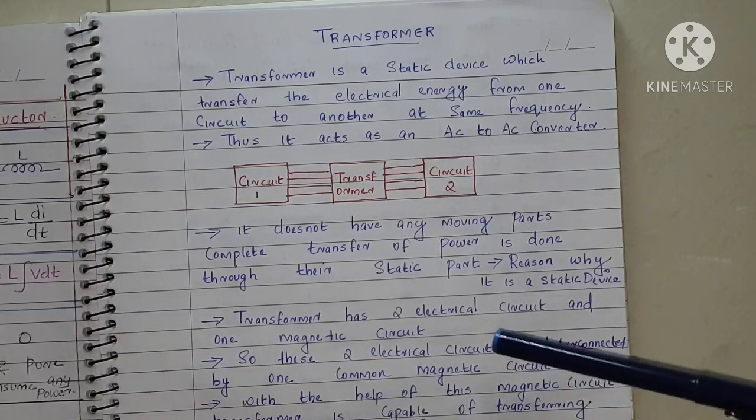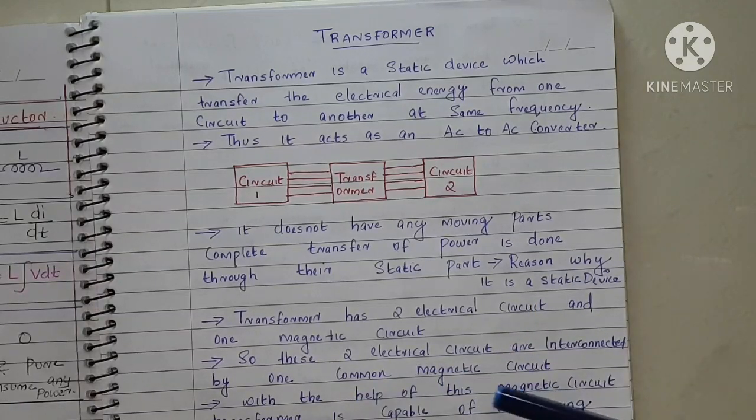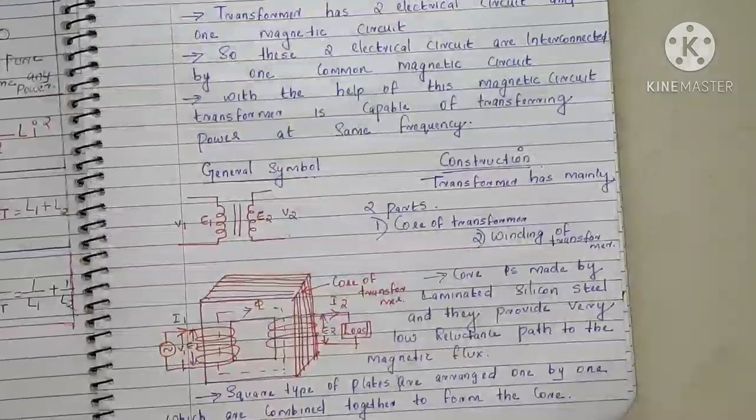These two electrical circuits are interconnected by one magnetic circuit or core. With the help of this magnetic circuit, the core of the transformer is capable of transferring power at the same frequency.